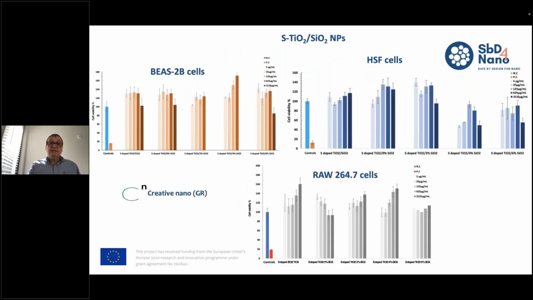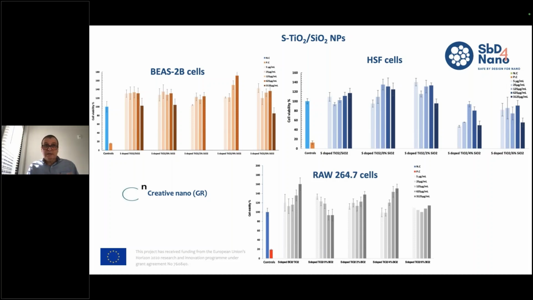Then here are the results. For example, I show you these sulfur-doped titanium oxide, silicon oxide nanomaterials. With the in vitro testing, some show toxicity and some don't, depending on the sulfur content in these nanomaterials, because that is the concern. We usually know that titanium and silicon nanoparticles are not very toxic.